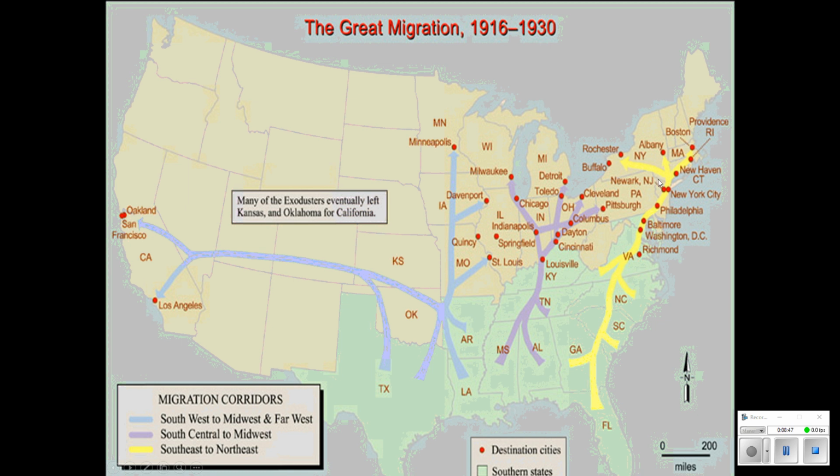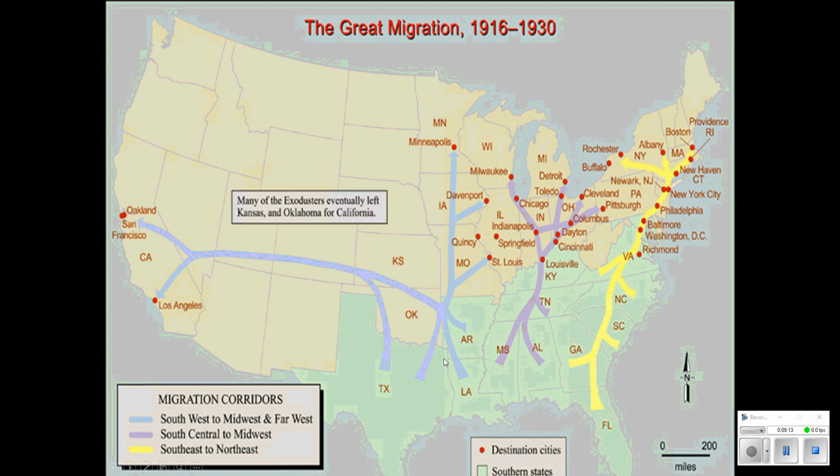Again, a lot of big factory towns up there. Most of the time, it was the Atlantic states that followed that pattern. From Mississippi, Alabama, Tennessee, generally they would go up through the Midwest, across the Ohio River. Cincinnati was a huge transit city for the Great Migration, and then moving into places, for example, Detroit and Chicago, as we talked about before.